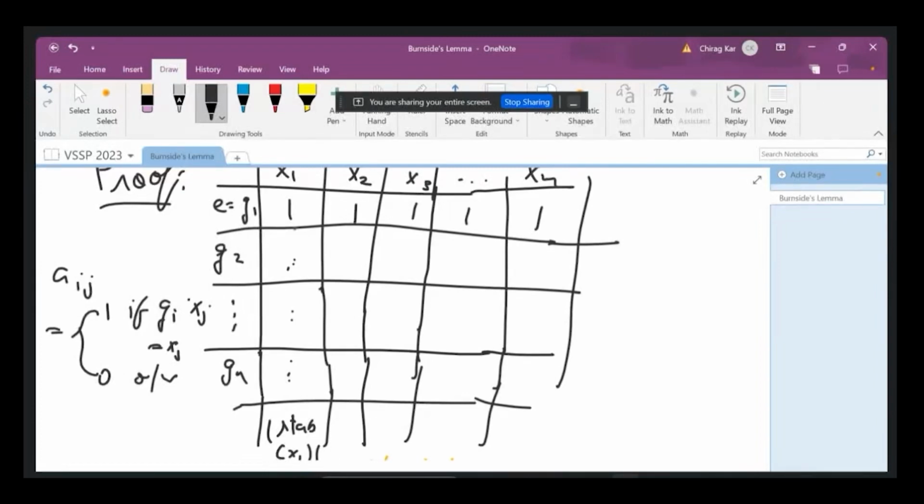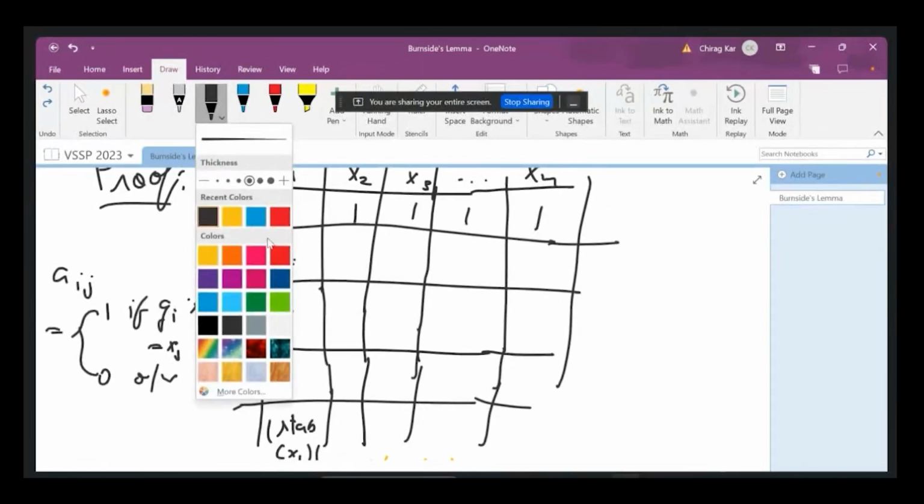So what we really have is the cardinality of the fix of gi, which we're going to write in orange, the fix of say g1 over here, and similarly in general the fix of gj.